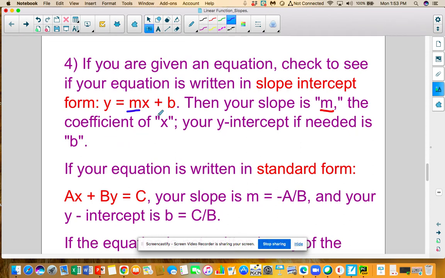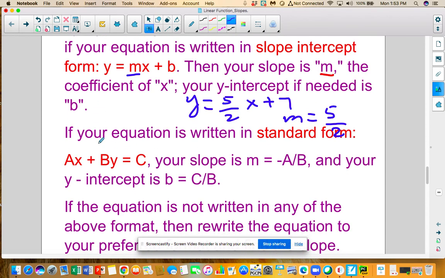For example, if they ask what is the slope of a line whose equation is y equals 5 over 2 x plus 7, the slope of that line would be m equals 5 over 2. The 7 just means that's where it will be crossing the y-axis. We call that the y-intercept, or b.